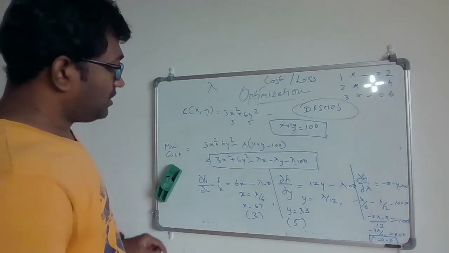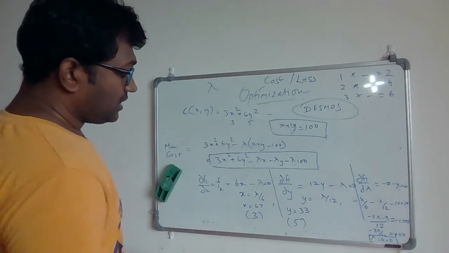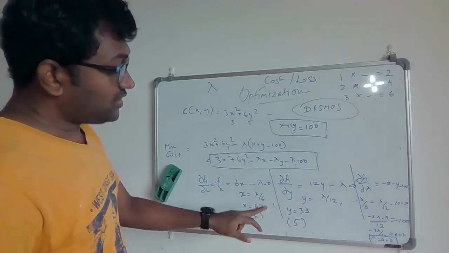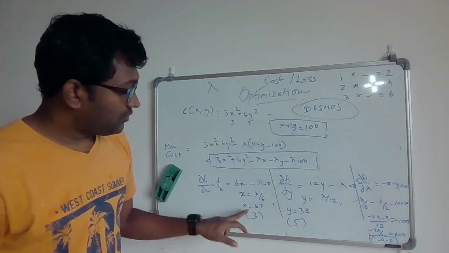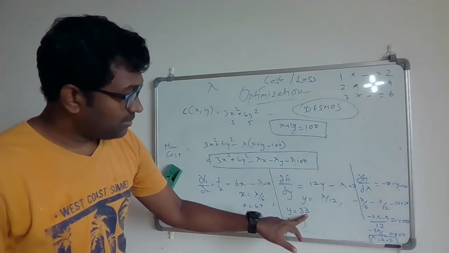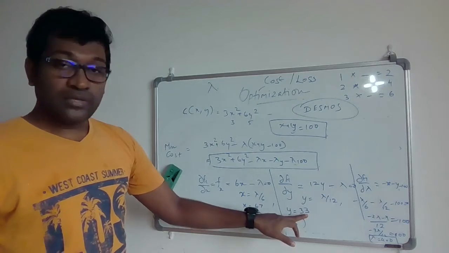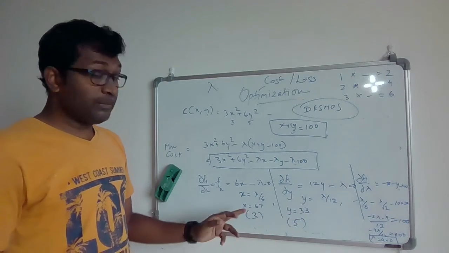Suppose you try to change the values. Let's say we manufacture 68 cars of the 3 series, and reduce one here and make 32 cars here. Then the cost will not be minimum; it will change.